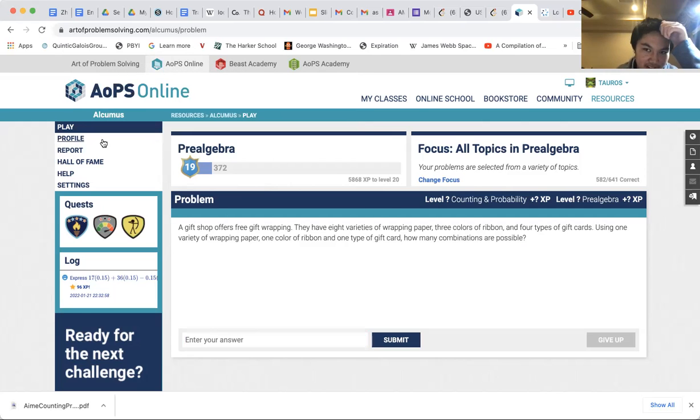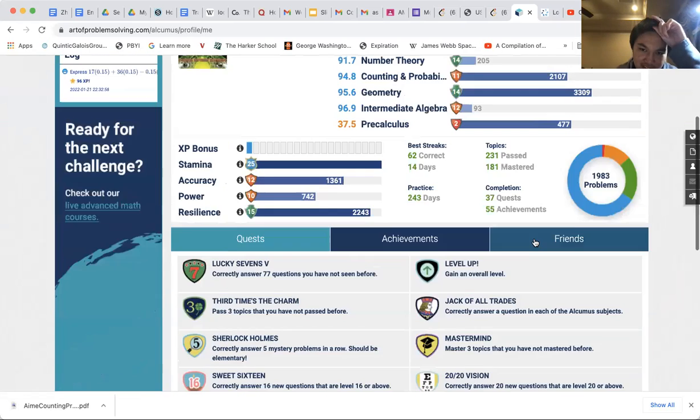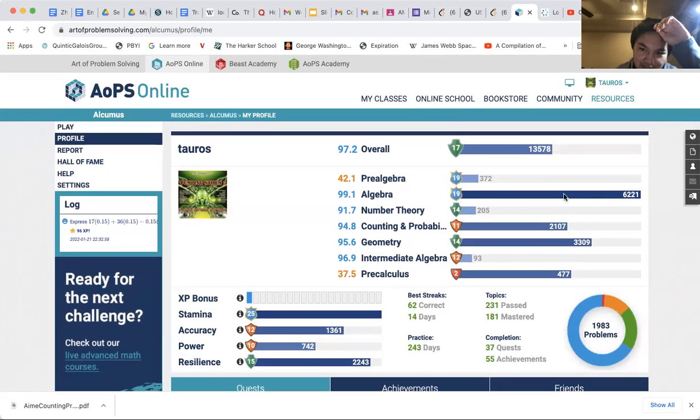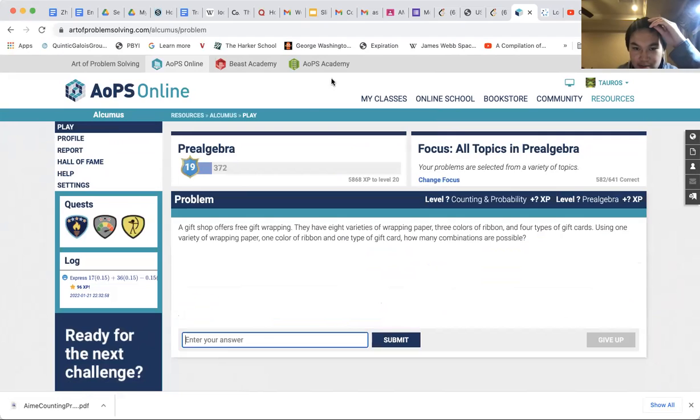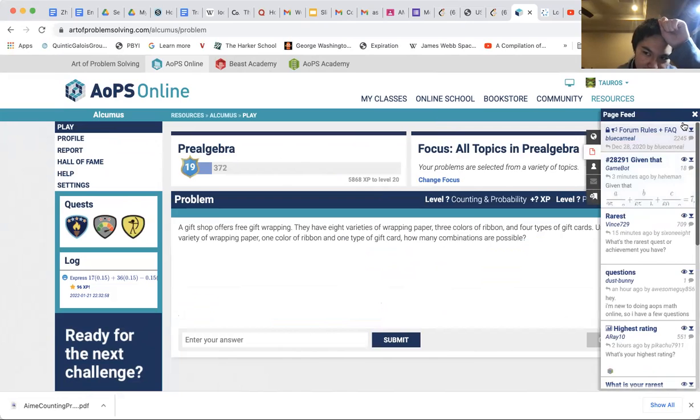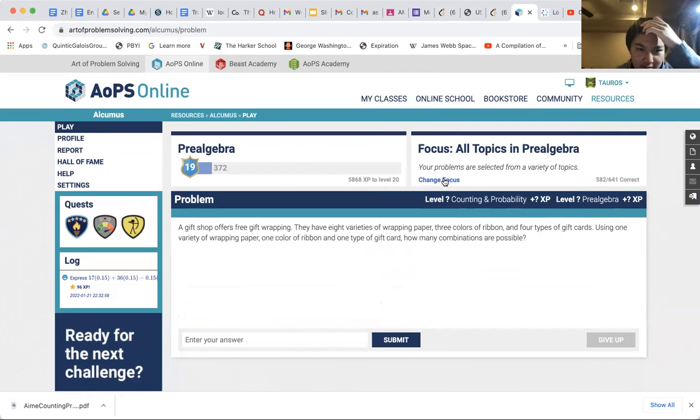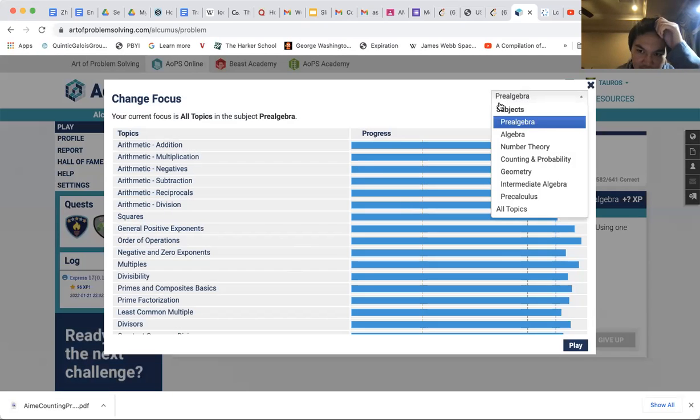Although you should just use it as a practice tool. Don't focus on leveling up all of these stats. Use them as a very crude and rough indicator of where your level is at for each topic. But other than that, that's basically what Alchemist is. It has a lot of problems taken from AMCs, MATHCOUNTS, etc. And for the AMC 8 level, I would recommend just going through these topics.